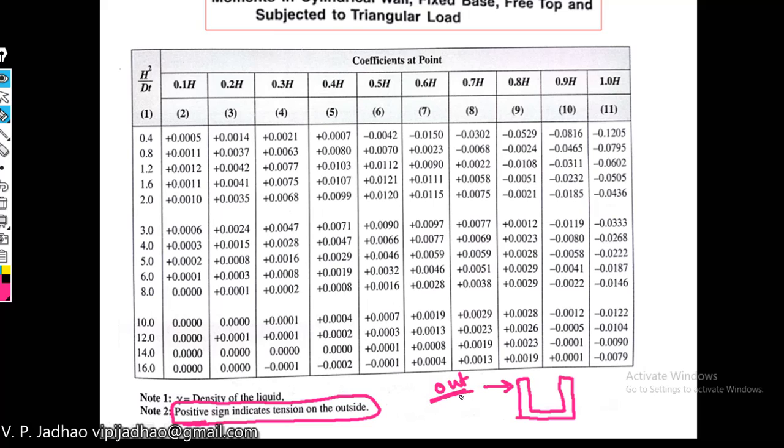This indicates the positive value. So if we have a positive value, the tension is developing on the outer side. You can see here this value of coefficient is up to a height of 0.7 h. Similarly you will get the corresponding values.